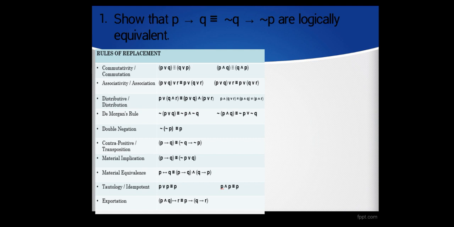It will become not Q implies not P. That's it. I hope that you learned something from me. That's all for this day. That is for the rules of replacement. Thank you.